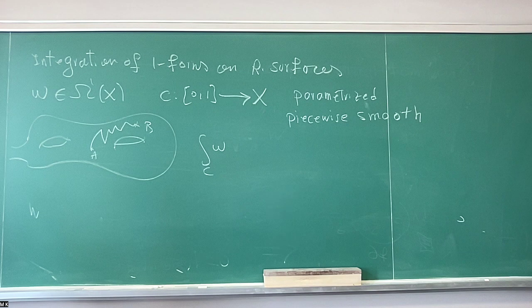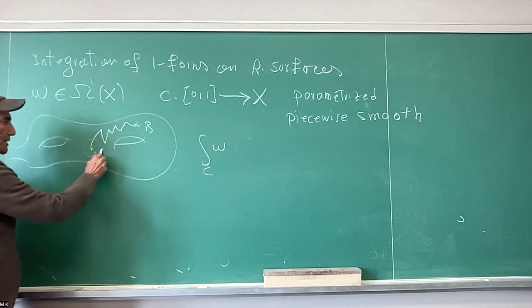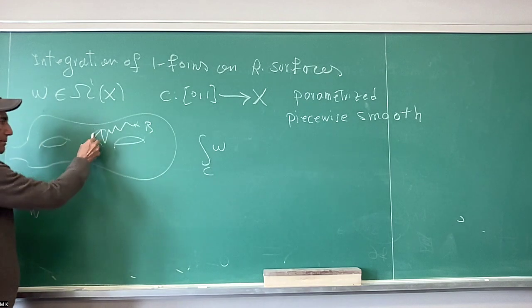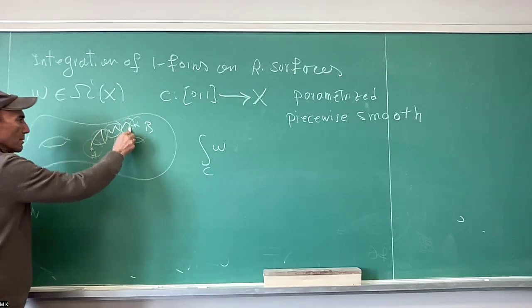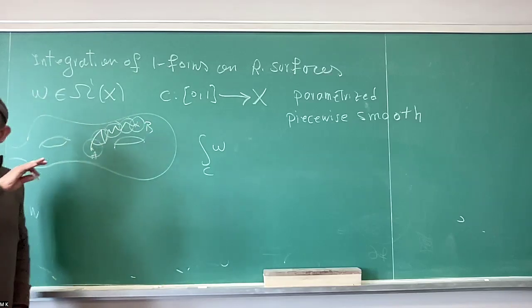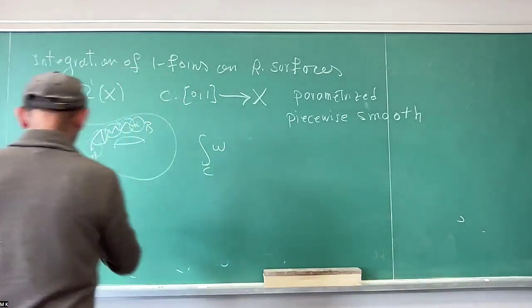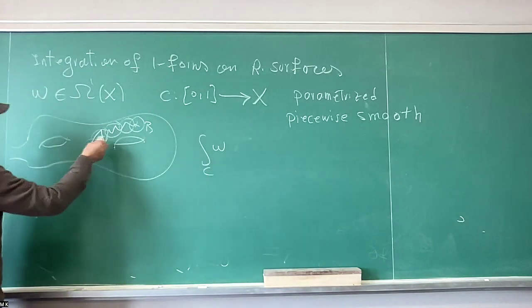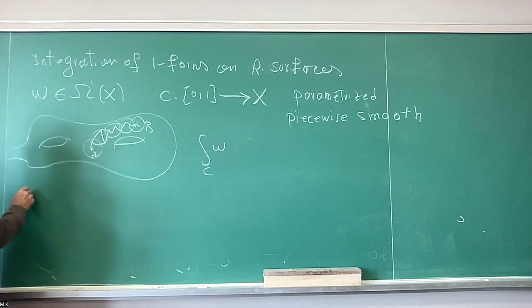So the idea is you just choose coordinate charts, and cover this by coordinate charts. By a finite number of coordinate charts, you can cover such that, okay, so the idea is the following now.